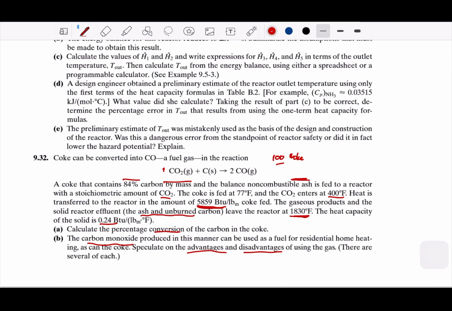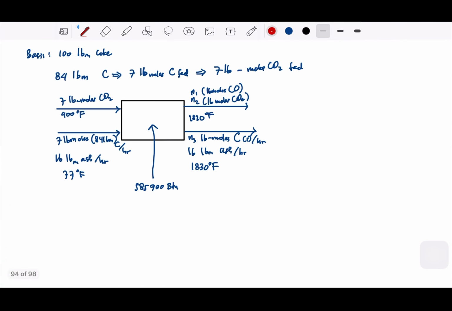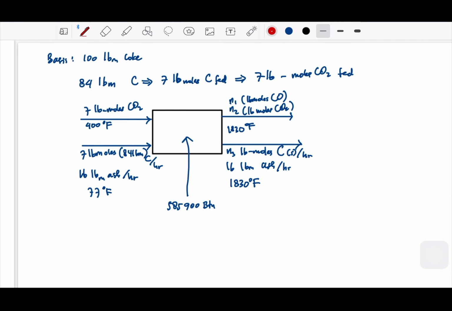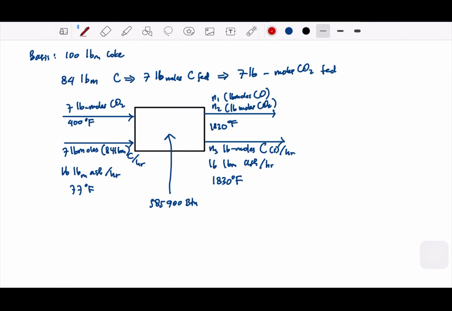Since this is 1, 1, 2, right? The carbon is having 12, right? So that's why we have 7 lb moles.